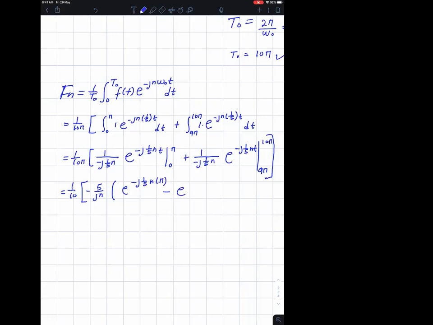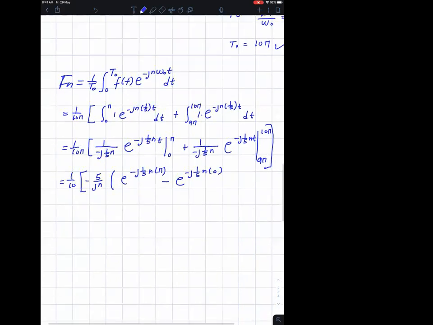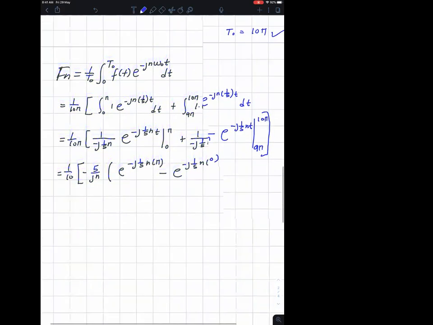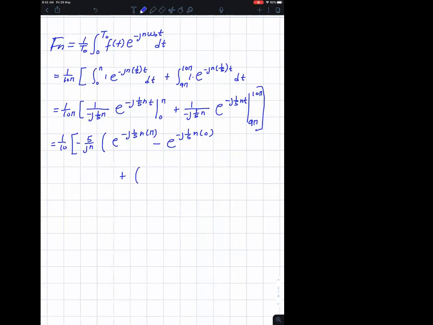We subtract the lower limit, it's going to be j 1 over 5 and 0. So on the other side, plus e to the minus j upper limit n pi.